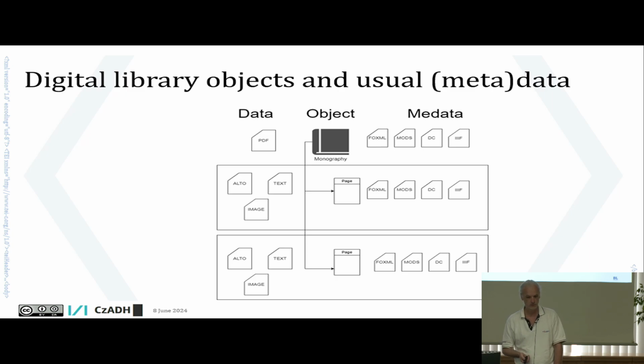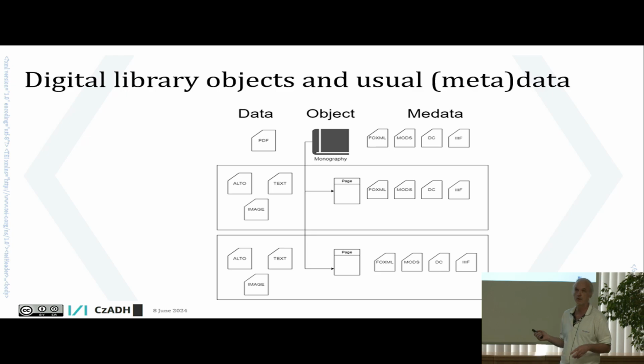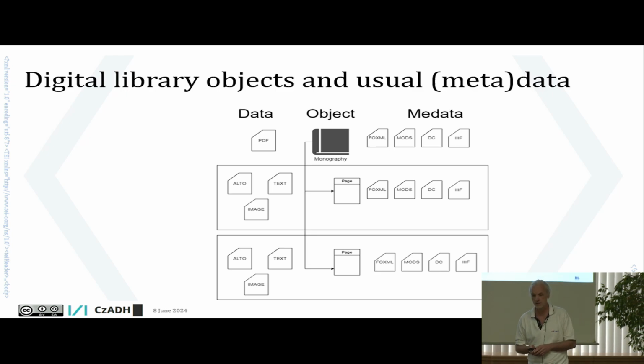And this is an overview of how metadata and data are stored in a database, and it's built around an object, which can be a monograph or papers, for example. There is metadata in FOXML, MODS, etc. formats, and something I call data.